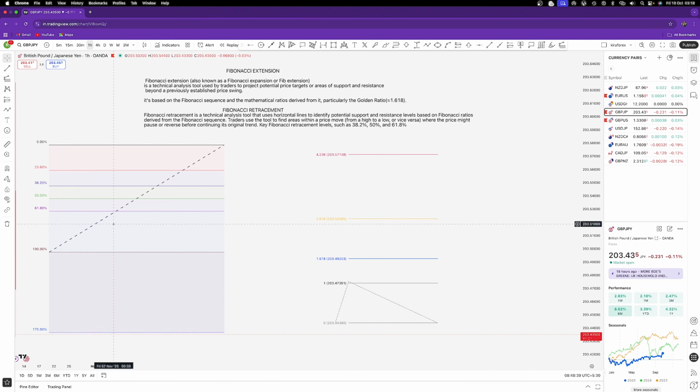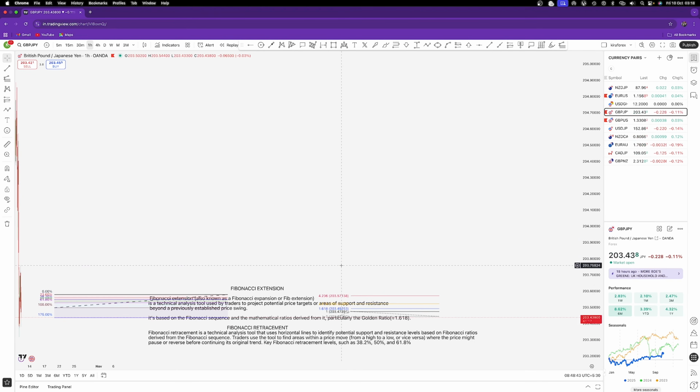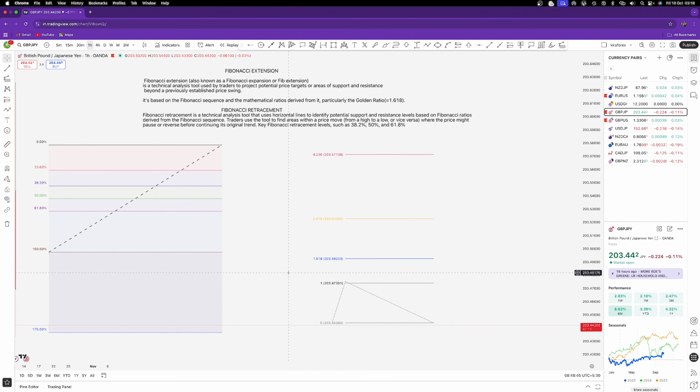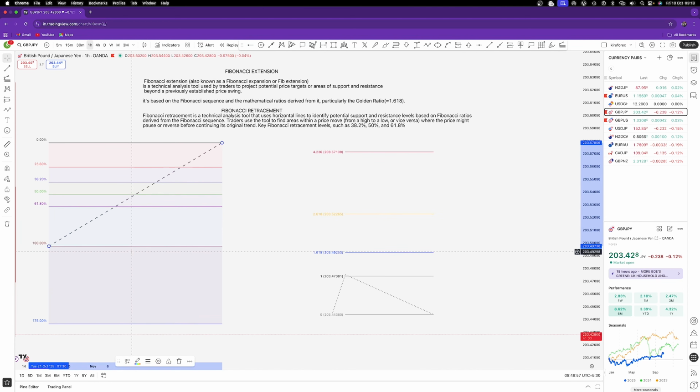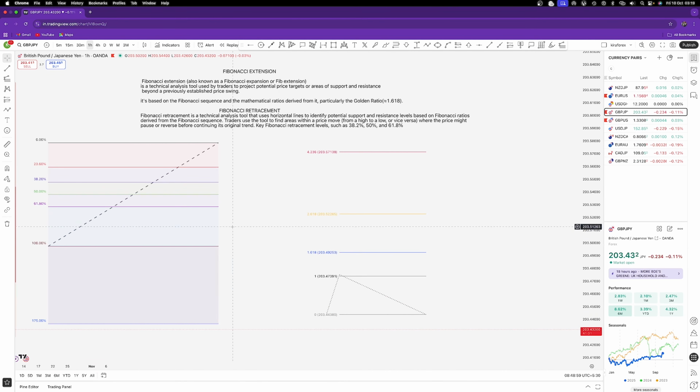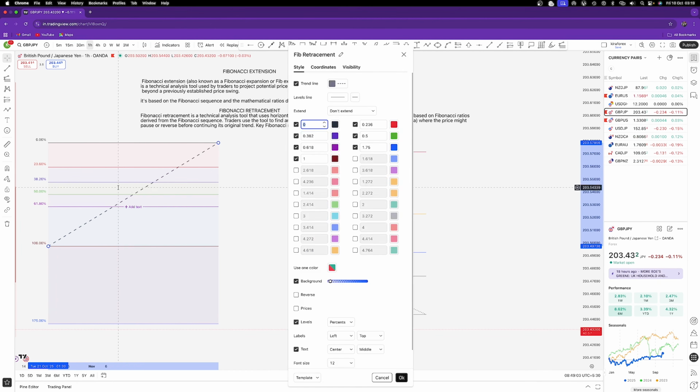Now this is how the Fibonacci retracement looks, and this is how the Fibonacci extension looks. You can also set it the way you want, but if you want it to be like mine, you can just take a screenshot of it and then set it this way. You just click on the tool itself, and another bar will open.